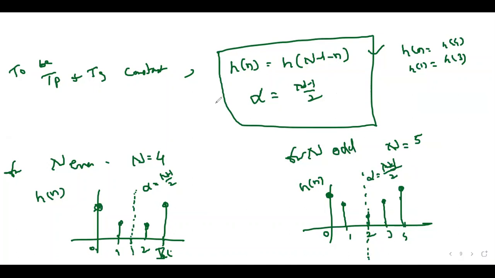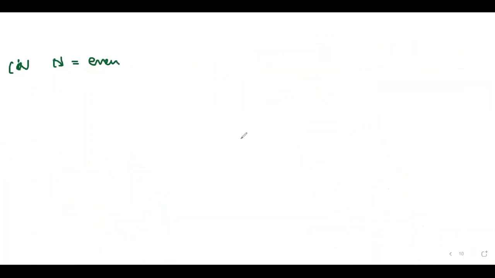So after getting this condition, I am just showing how the impulse response will be for different N values. If you have an even number of samples, this is the kind of h of n, and for N odd, this is the kind of h of n, with the center of symmetry shown.